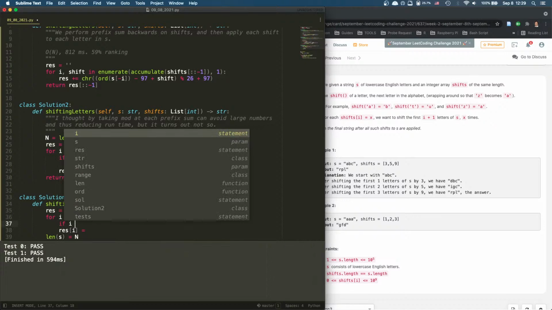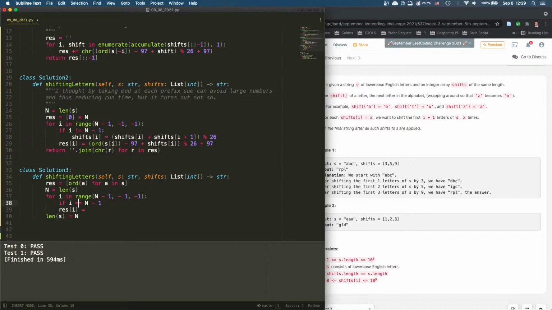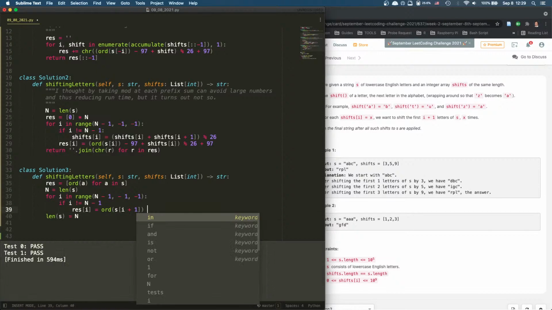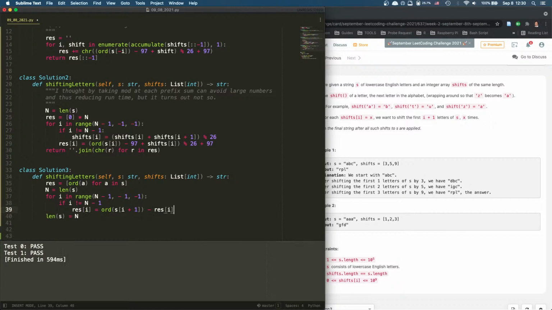If i is equal to n minus 1, n equal to len s, if i is equal to n minus 1. Well, it's actually not equal to. Right, if it's not equal to, then res i will equal to ord s i plus 1, right, minus res i. So that calculates the difference between the two.